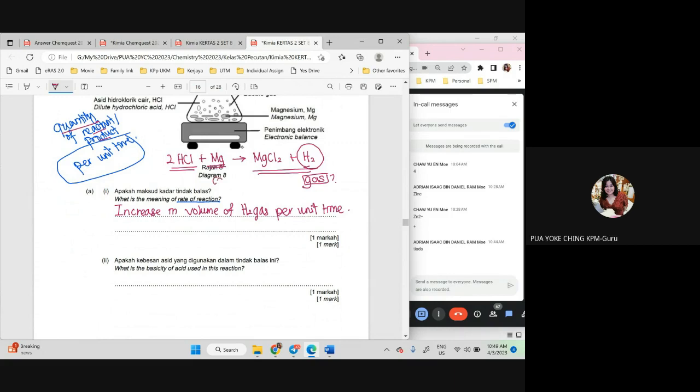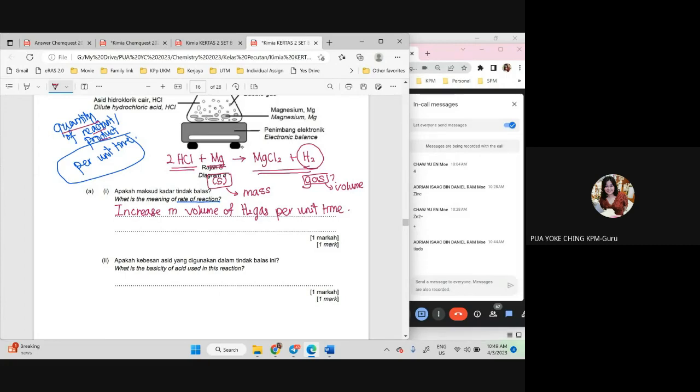Anything that is solid. Solid aqueous tak boleh. Kalau solid, then you can measure their mass. Kalau gas, kita measure dia punya volume. Kalau ada solid, then kita measure mass. Hanya untuk solid, aqueous tak boleh.